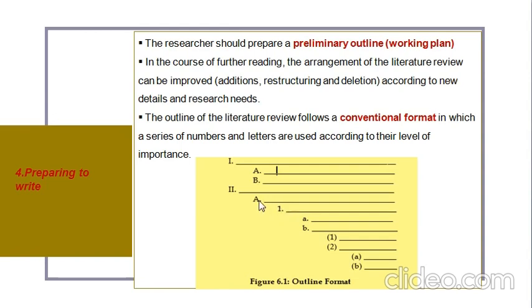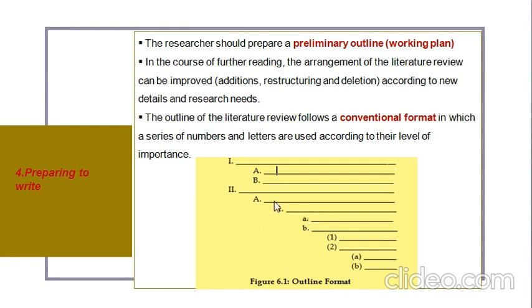So 1 is part of A rather than 2. 1 develops A and helps it to develop 2. The same thing can be said about the subsequent headings and their level of importance. So spaces in an outline are meaningful.